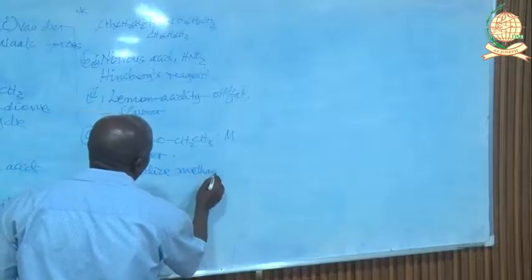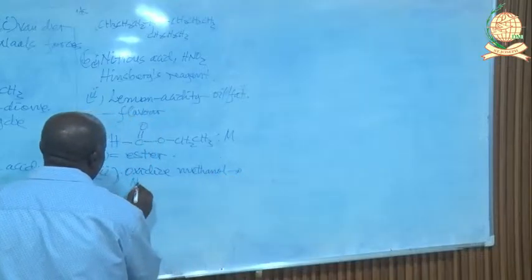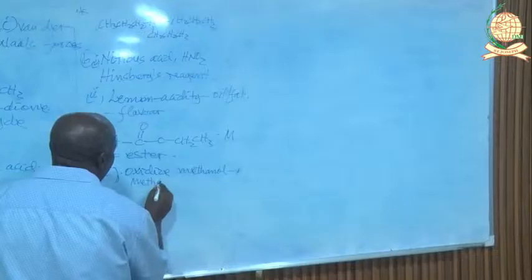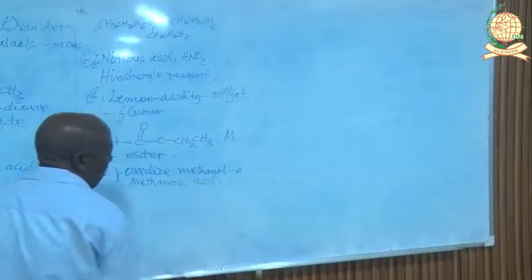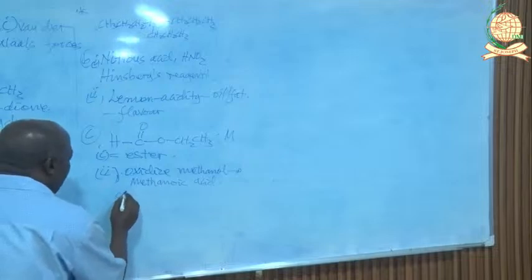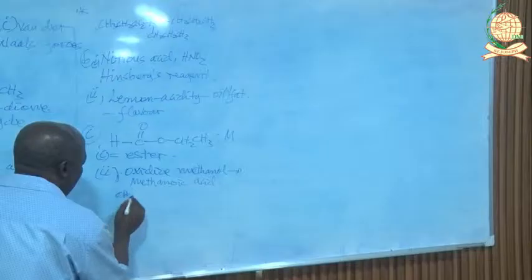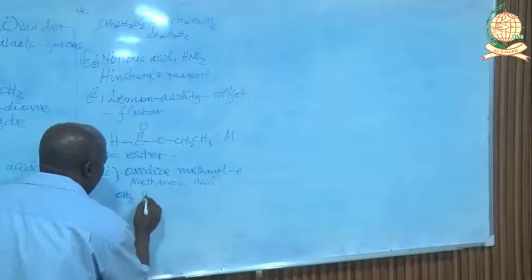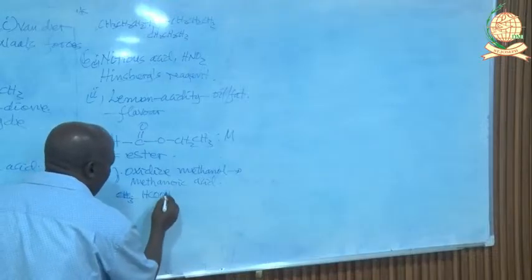If methanol is oxidized, then you will form methanoic acid, which is formic acid, HCOOH. This is methanoic acid.